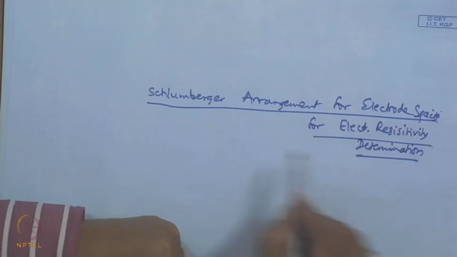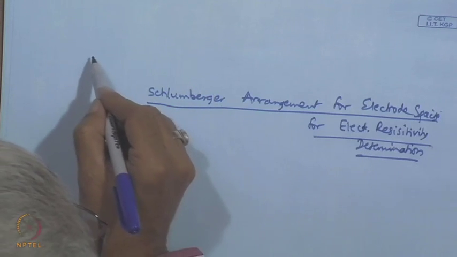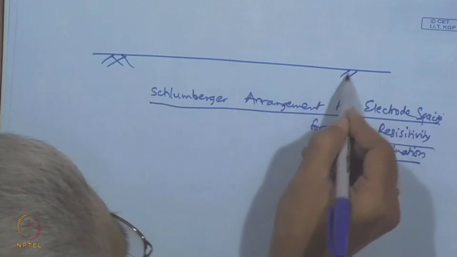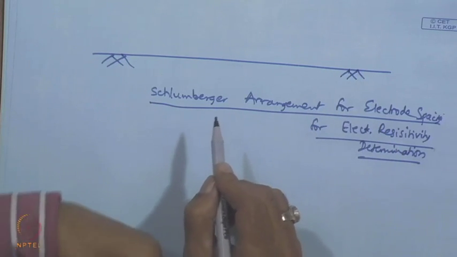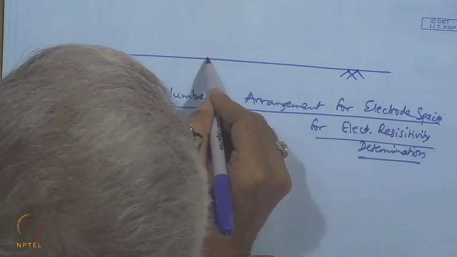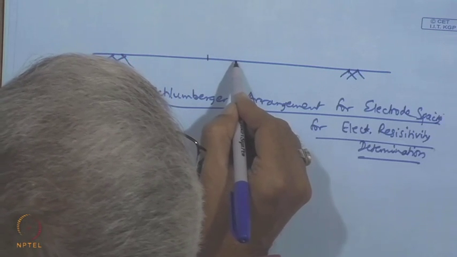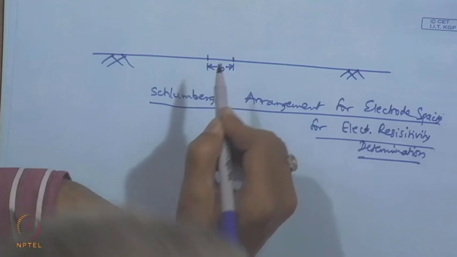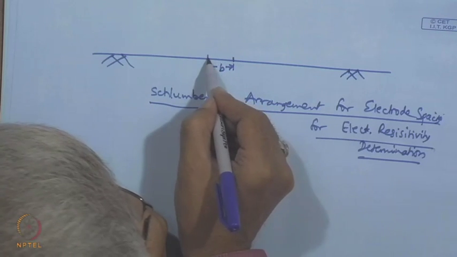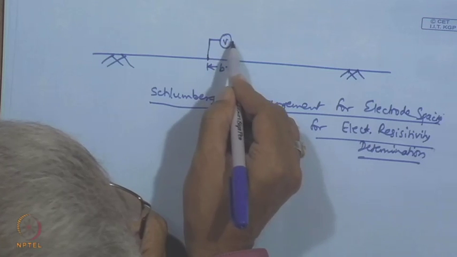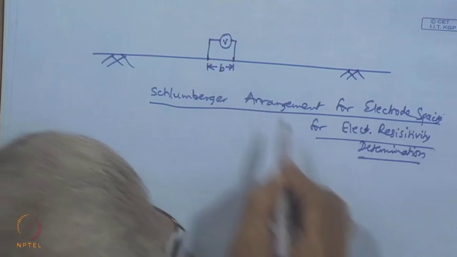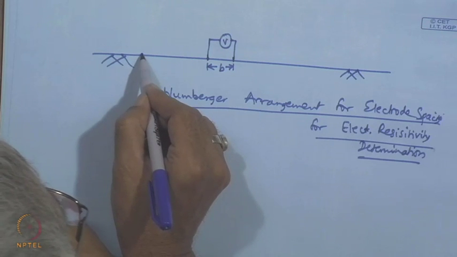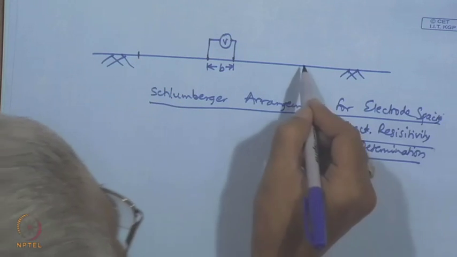Here the distance between the potential electrodes is somewhat less, say B. If B is the distance between the potential electrodes, there will be a voltmeter which connects the potential electrodes, and the current electrodes are far off.